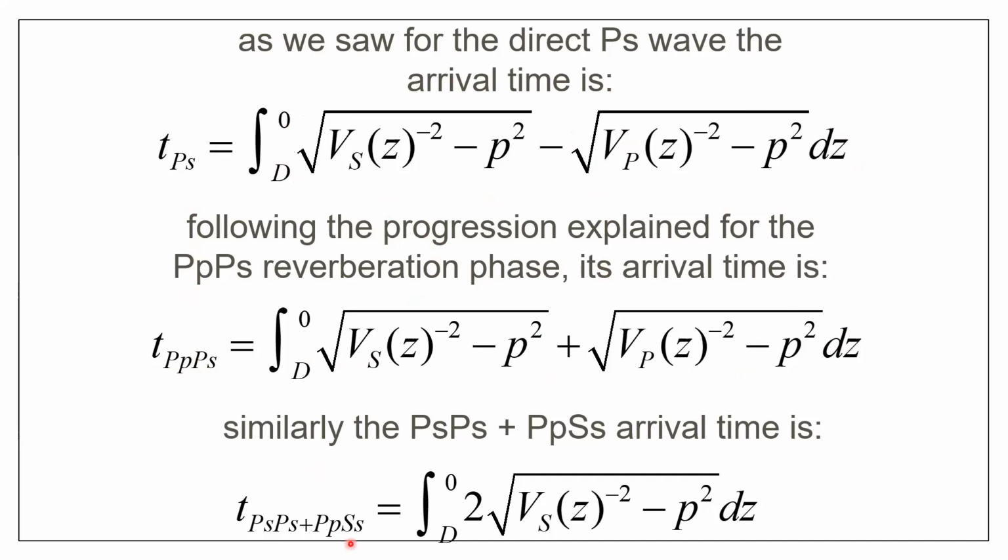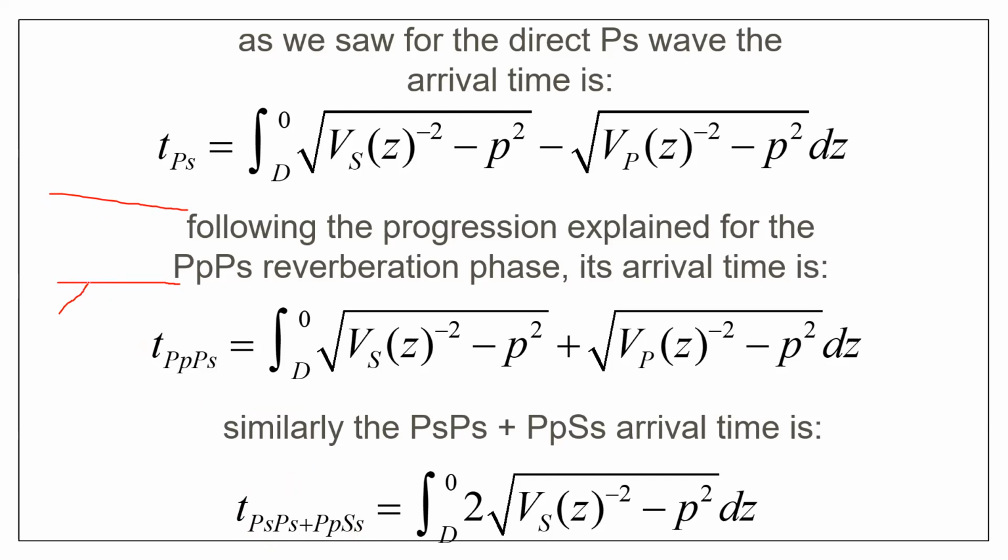Likewise, you can calculate the formula for the PSPS plus PPSS phase arrival time. As I told you, let's suppose this is the layer, and this is the direct P phase we are considering.